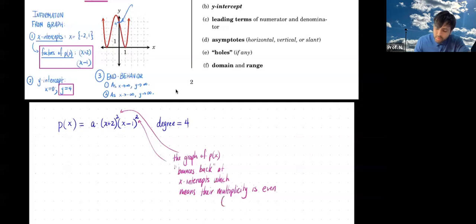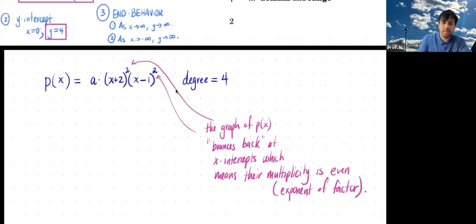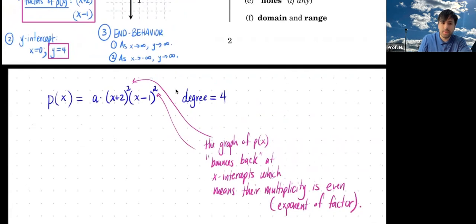And the multiplicity refers to the power of the factor, or the exponent of the factor. Everybody with me so far? So far, this is what I have. So far, that's my polynomial.